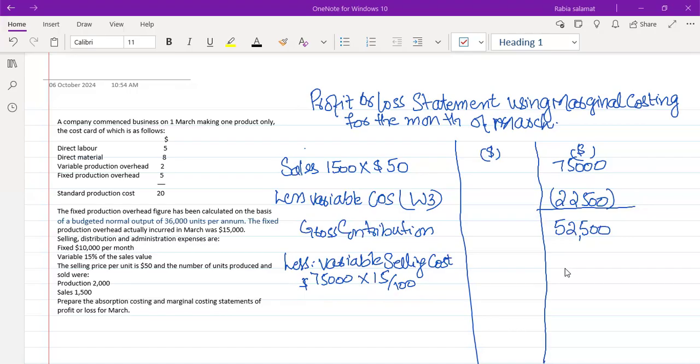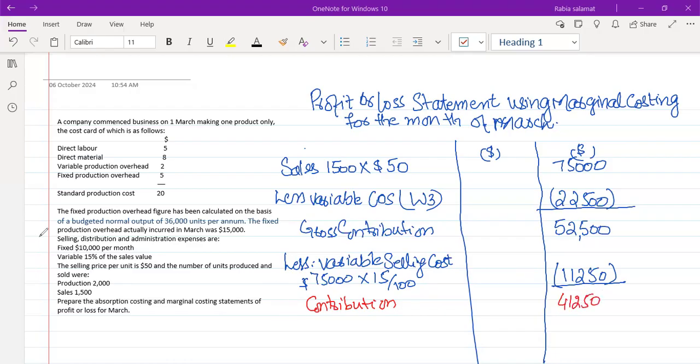It becomes 11,250. Now I will get the figure of contribution. Contribution is 41,250.